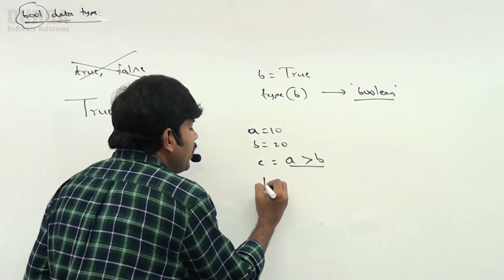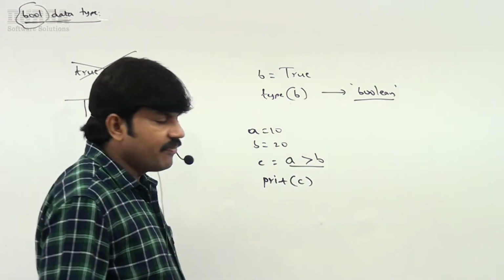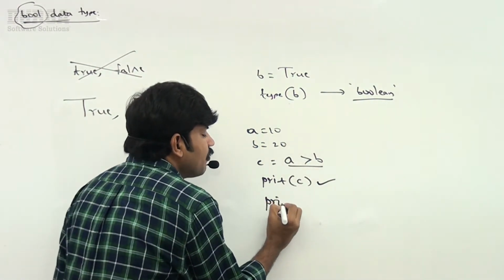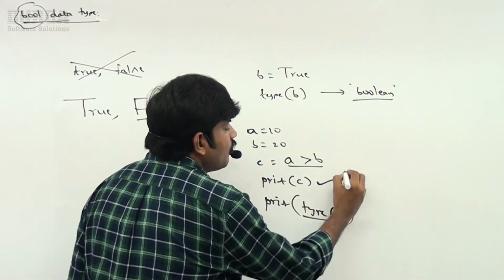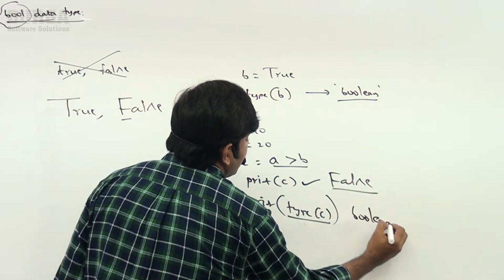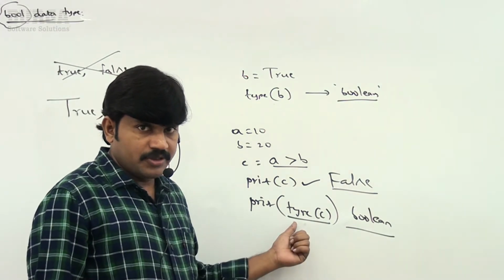False. Let me print the C value. What is the answer we are going to get? False. Let me print type of C. It is the Boolean type. So the value is False, and it is Boolean type. Any doubt?